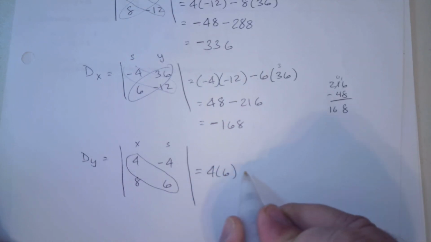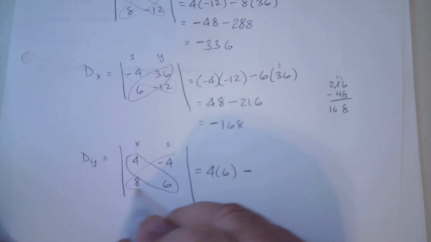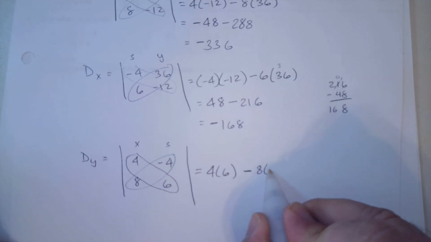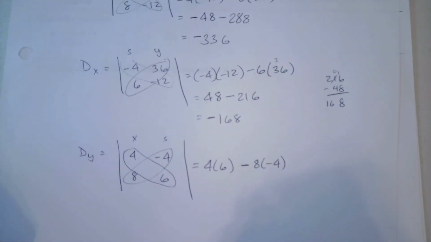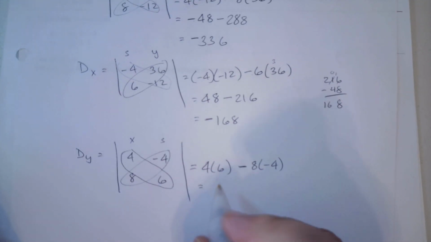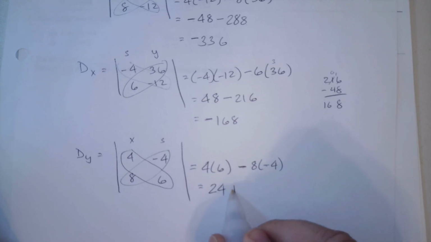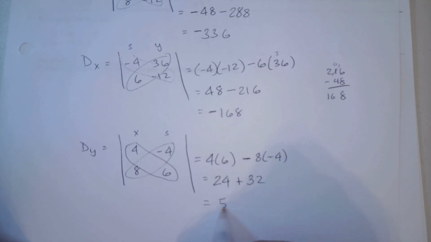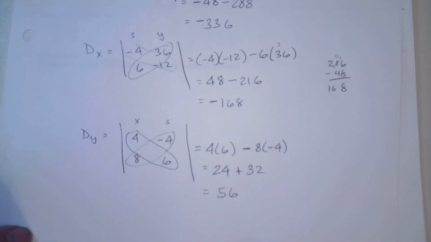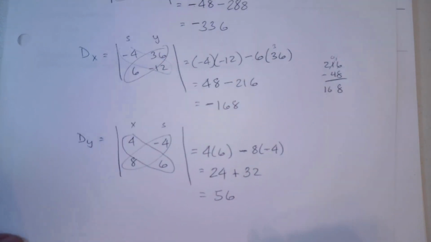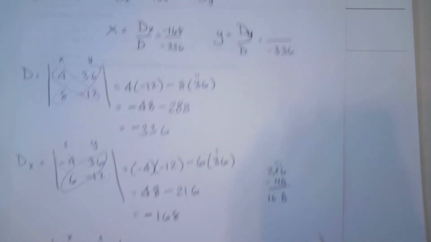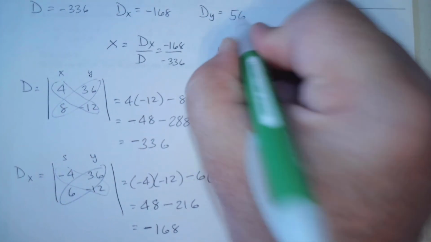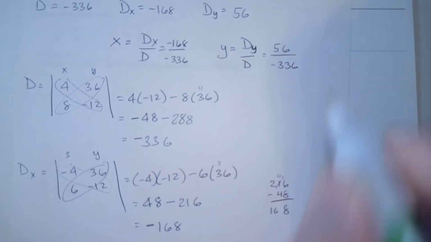Four times 6 minus 8 times negative 4. 6 times 4 is 24. Negative negative is a positive. 8 times 4, 32. So it's 56. So dy is 56.